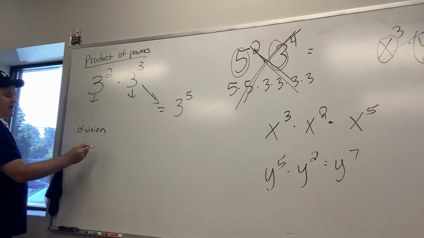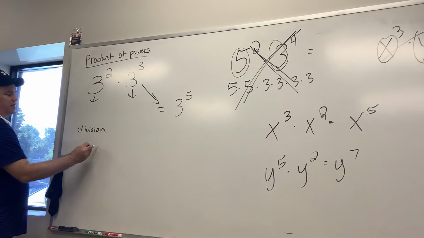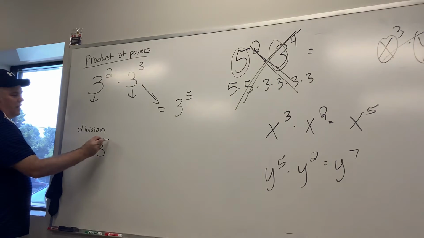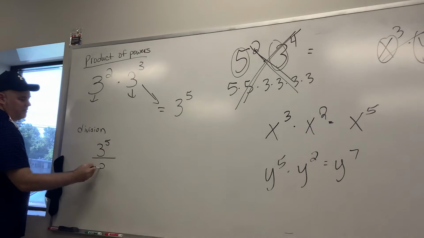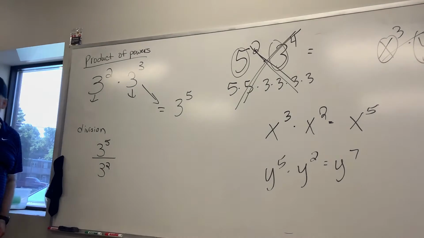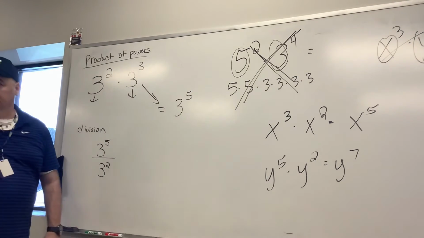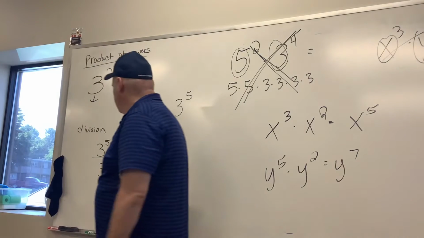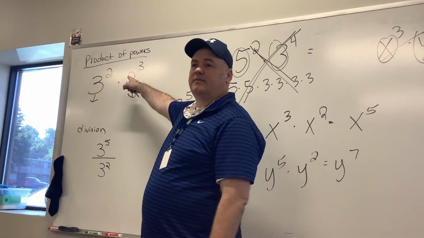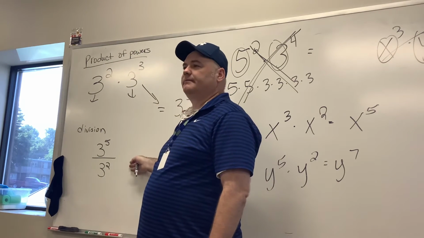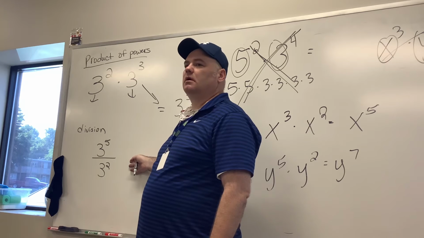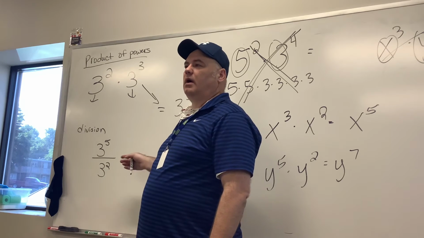Okay, so let's say I have 3 to the 5th over 3 squared. Now here we were multiplying, right? Product of powers. But here we're dividing. But wouldn't it still kind of be the same? Well, what do you think?